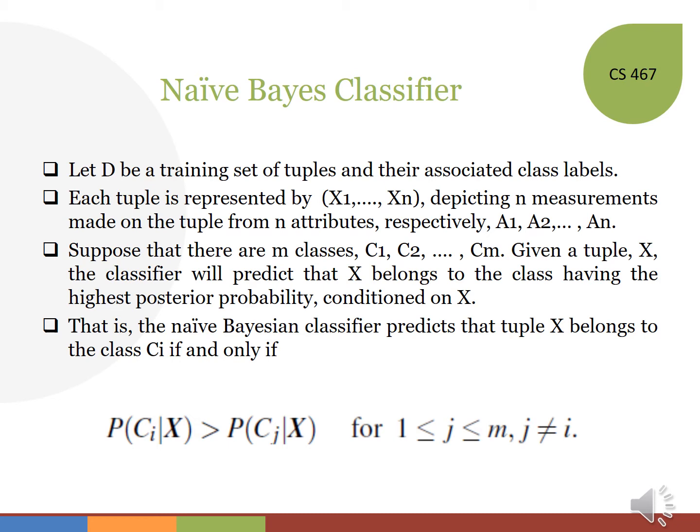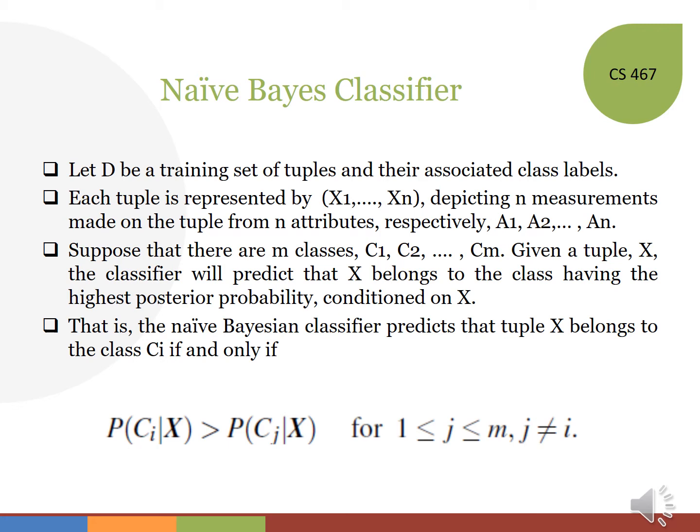Now we will see what is Naive Bayes algorithm. Let capital D be a training set of tuples and their associated class labels. Each tuple is represented by x1, x2, etc. up to xn, depicting n measurements made on the tuple from n attributes a1, a2, etc. up to an. Suppose there are m classes c1, c2, etc. to cm.